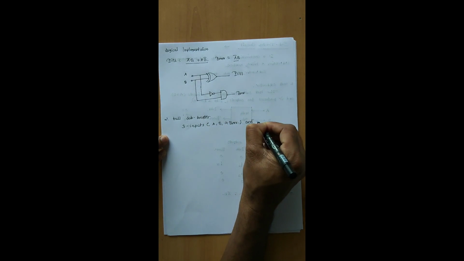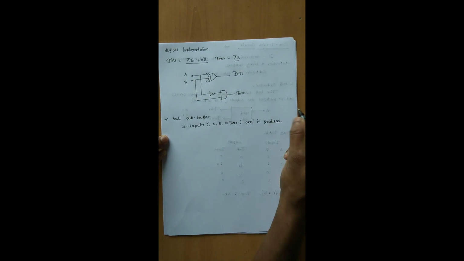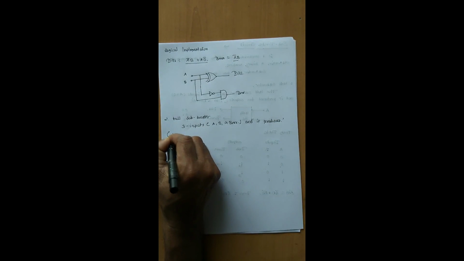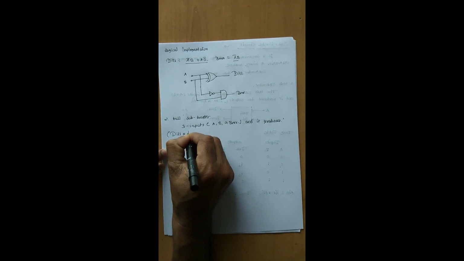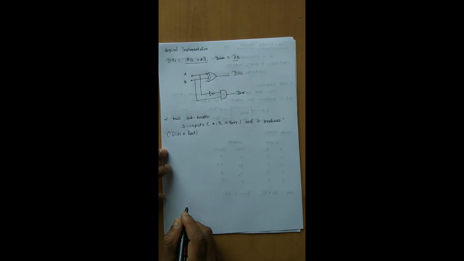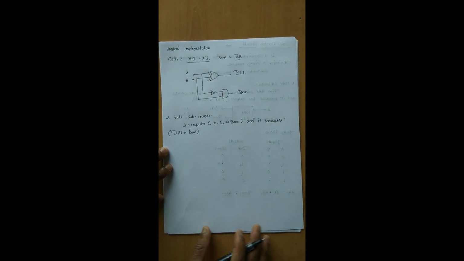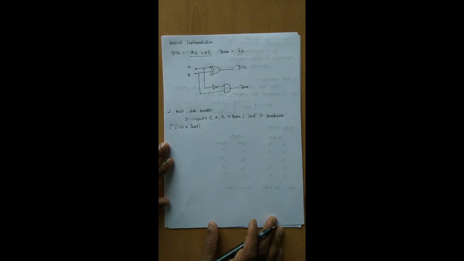It produces two outputs, difference and B out, that is the borrow out to the next column. This is the general statement for the full subtractor. Then go through the block diagram.